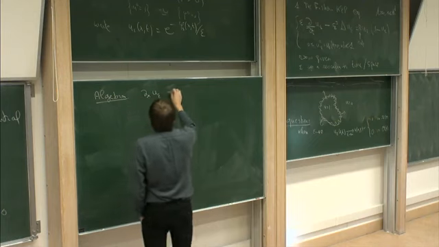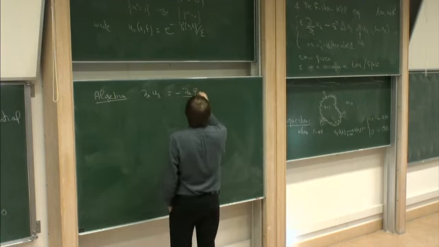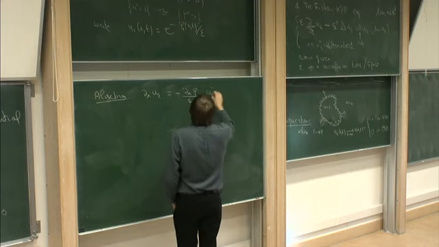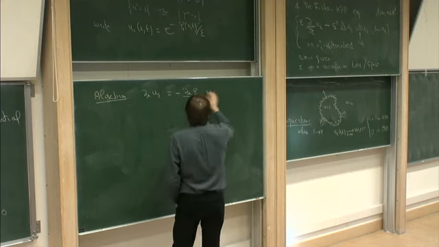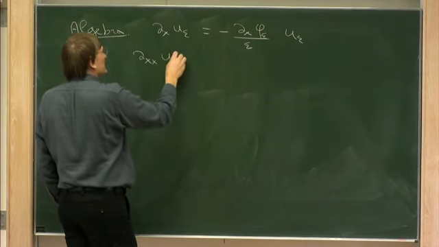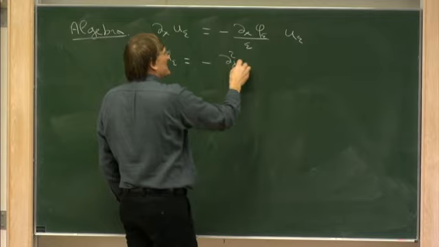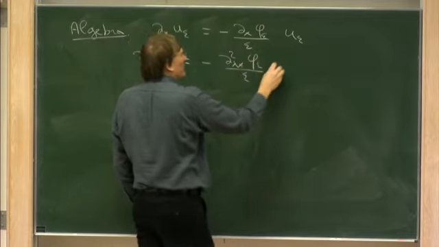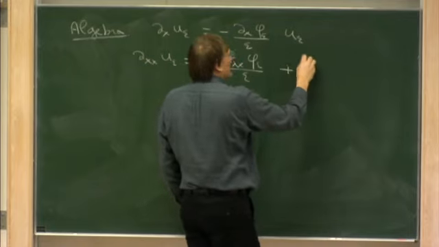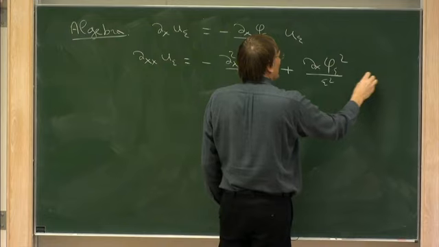If you compute the x derivative of u, you will get minus dx phi over epsilon multiplied by u epsilon. If you differentiate twice, you get minus d2xx phi epsilon over epsilon u plus dx phi epsilon squared over epsilon squared u epsilon.